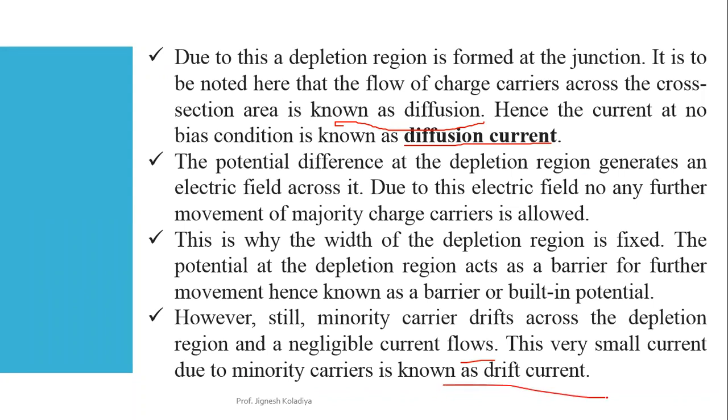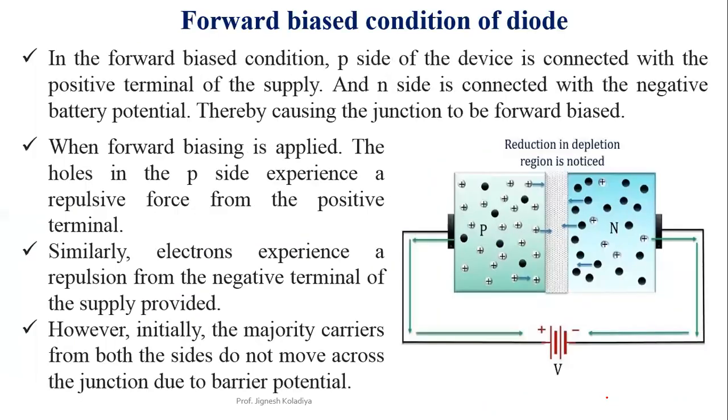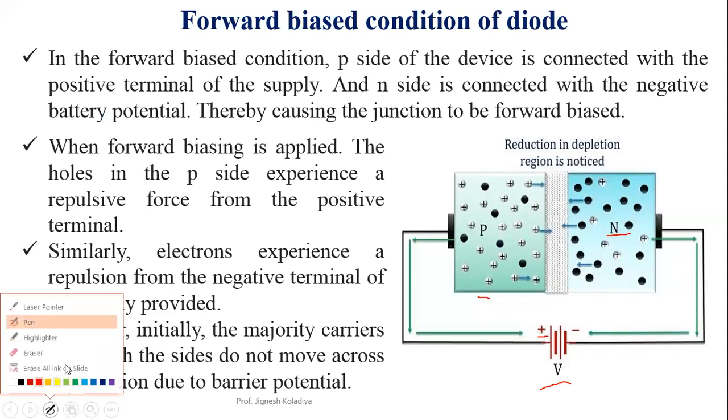Now what happens if I connect the supply? So now you can see in these two metal contacts, I'm going to connect the external supply. You can connect the supply in two ways. First, as it is connected here, you can connect the positive polarity with P and the negative polarity of the supply with N. If you connect your voltage source like this, it is known as forward bias condition.